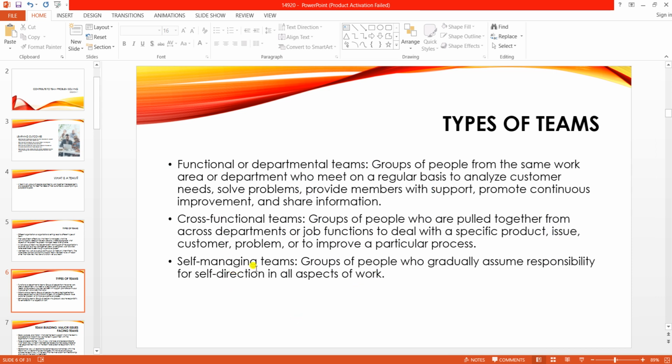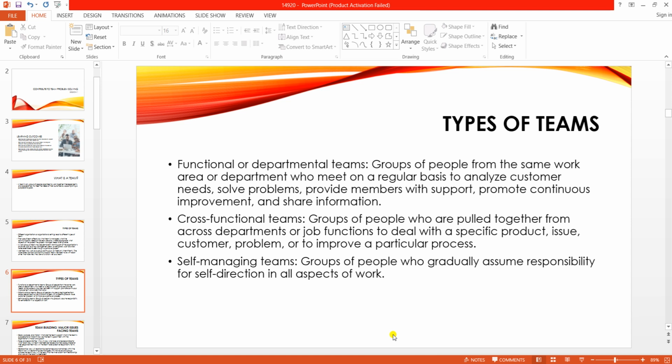And also we've got the self-managing teams, so groups of people who gradually assume responsibility for self-direction in all aspects of work. In this instance, this group of people would have certain tasks that are assigned to them, so they manage themselves.